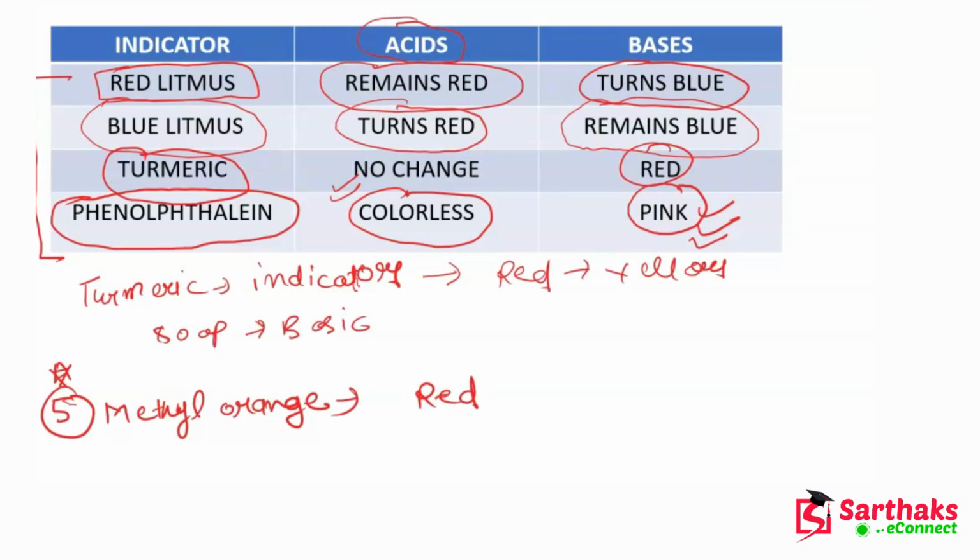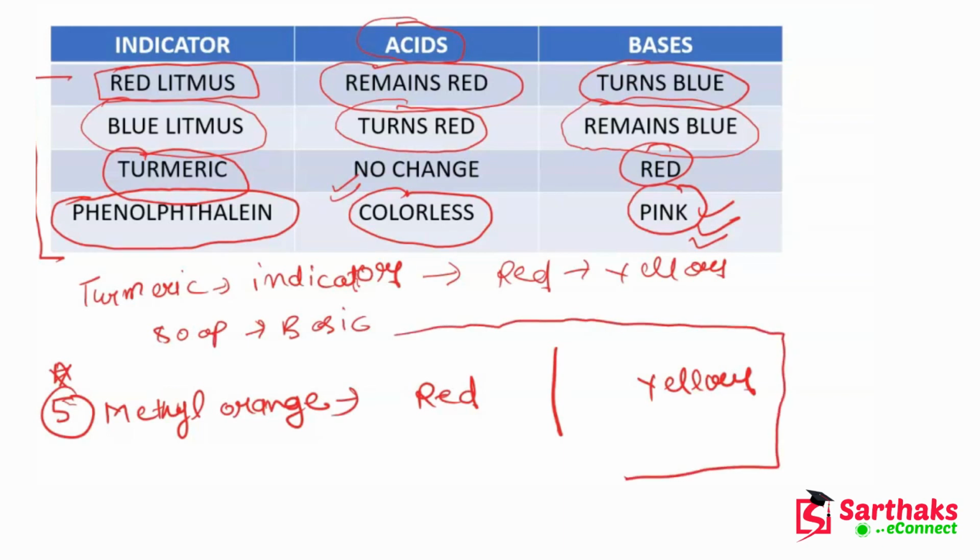But in a basic medium, it will turn yellow. So methyl orange gives red color in acid, but in bases it gives yellow color. I hope guys the indicators we have seen here are completely understood by you.